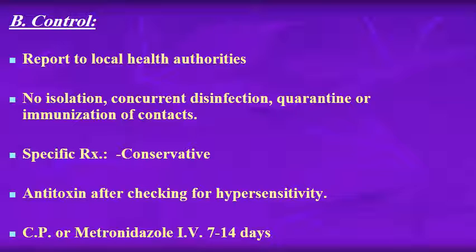So we can't treat the patient from tetanus to put him in hypersensitivity reaction. So usually we check by giving very small, very diluted dose in the forearm of the patient, and see if there is any hypersensitivity. If not, then we give the antitoxin.